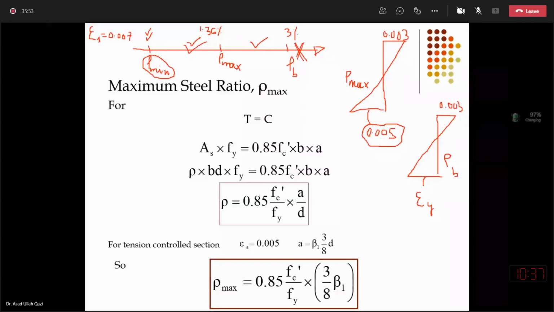Let's find out first whether I can derive an equation for rho max like I did for rho balanced.